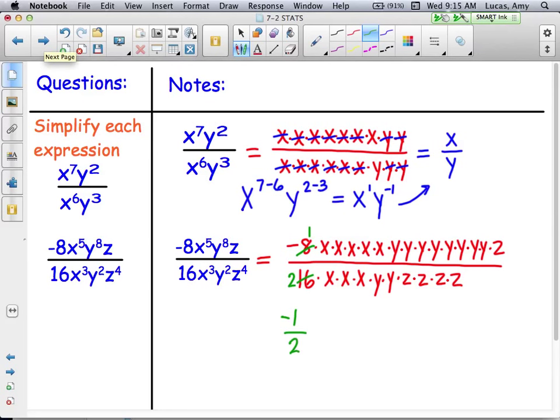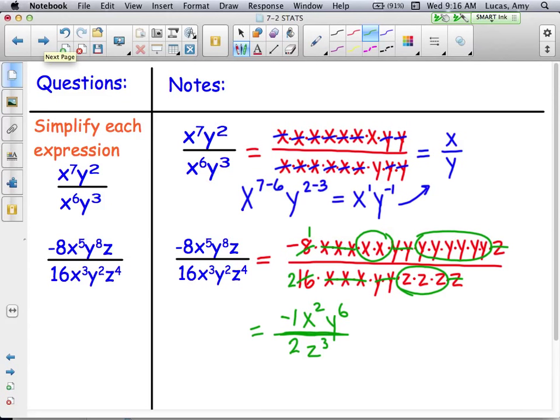I have 3 x's that will cancel each other out, 2 y's to cancel each other out, and 1 z to cancel out. Now take a look at what is left. In the numerator of my fraction, I have x squared and y to the 6th. In my denominator, I have z to the 3rd. So that is my answer.